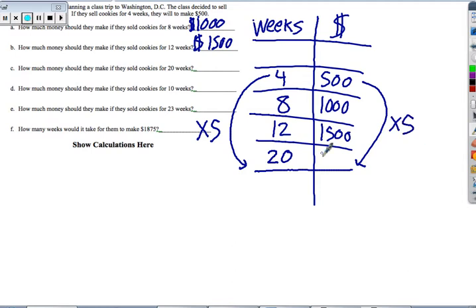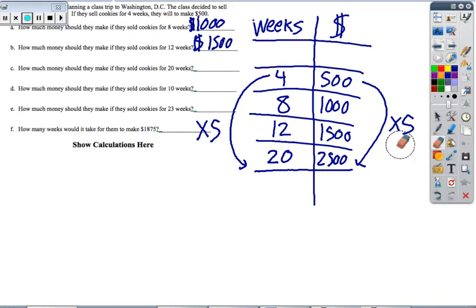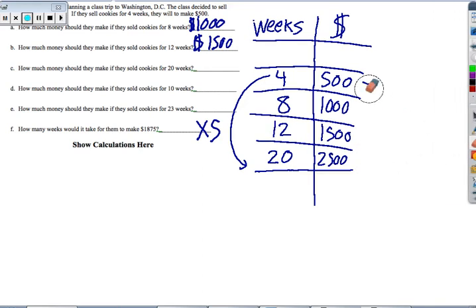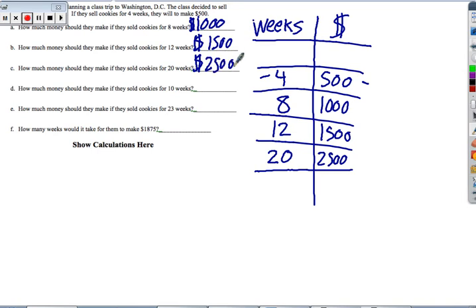So if I multiply that by 5, we have $2,500. And now they're asking us for 10 weeks.